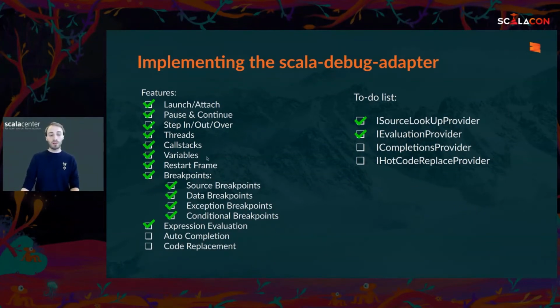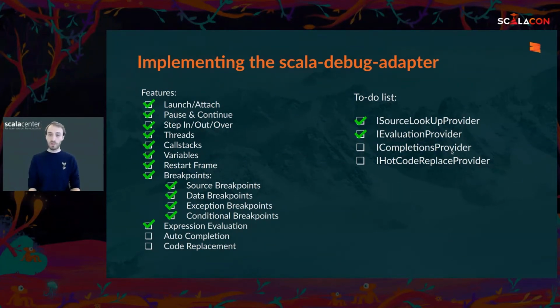So now we also have conditional breakpoints, which is a breakpoint that can stop if a condition is true. And we also have expression evaluation in the debug console. Really cool. And that's kind of the state of the debugger in the current version of Metals. Oh no, because also we have completion providers.